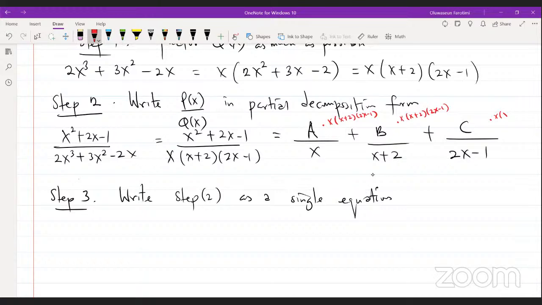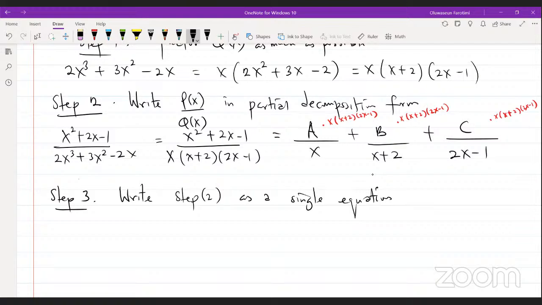So think about it this way. If I do that kind of multiplication, guys, what do you think? This x is going to cancel out this x. And over here, this (x plus 2) will cancel out this (x plus 2). And over here, this (2x minus 1) is going to cancel out this.